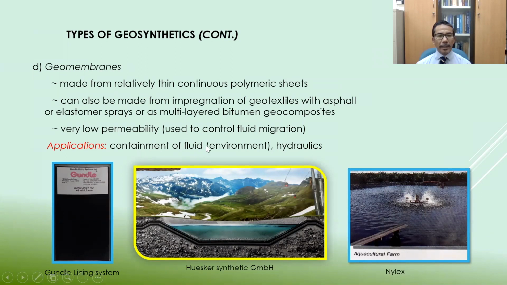In the case of landfill facility, it can be used as a liner to prevent the migration of leachate. In other applications, it can be used to store water. By looking at this picture, geomembrane can be used in aquacultural farm, where geomembrane is being used to store water to rear fish or ducks.